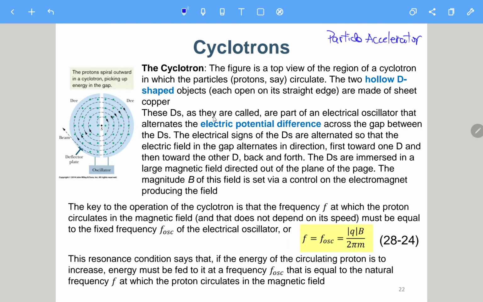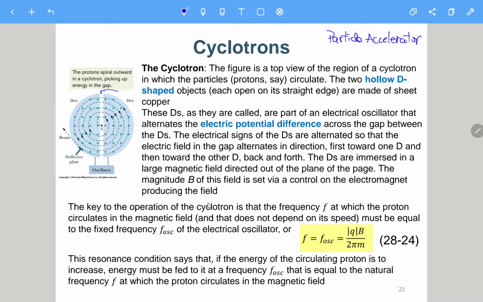These D's are part of the electrical oscillator that alternates the electric potential difference across the gap between the D's. So we put some E field between this gap, and then the B field is uniformly distributed over this whole disk.